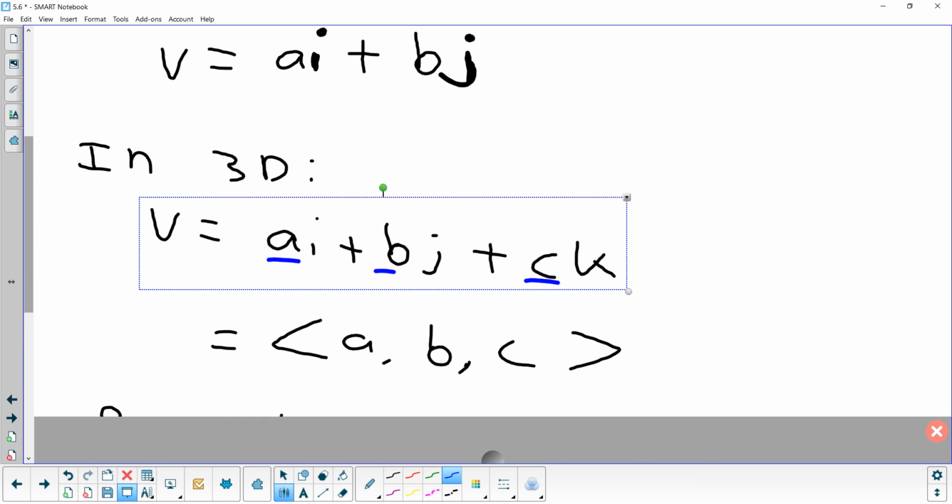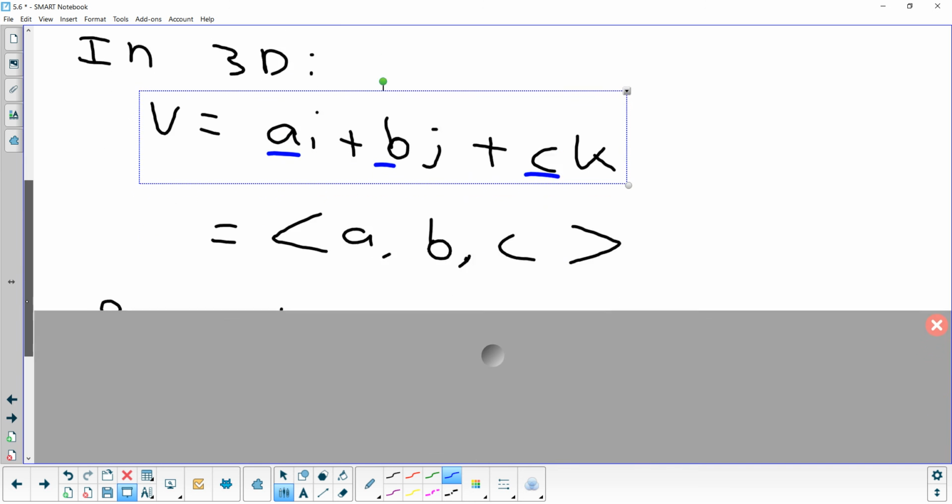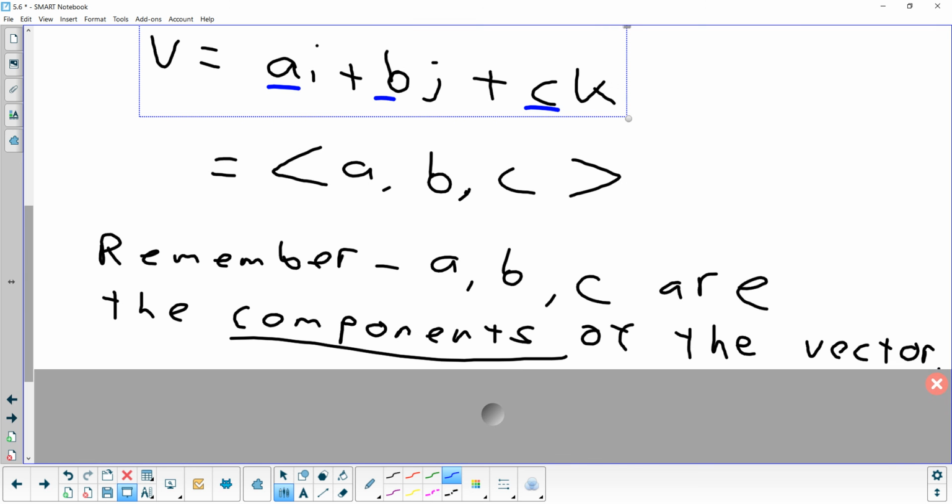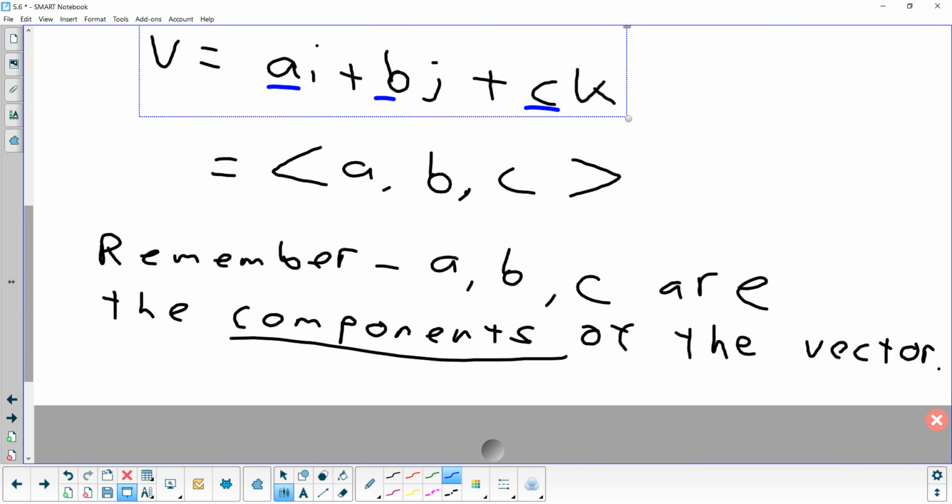Again, notice we're not talking about sketching too much. That's not what we're going to focus on. Remember, the A, the B, and the C are the components of the vector. In 2D, I would say the horizontal and the vertical. In 3D, I can't really say that. It's the X, the Y, and the Z-axis components.